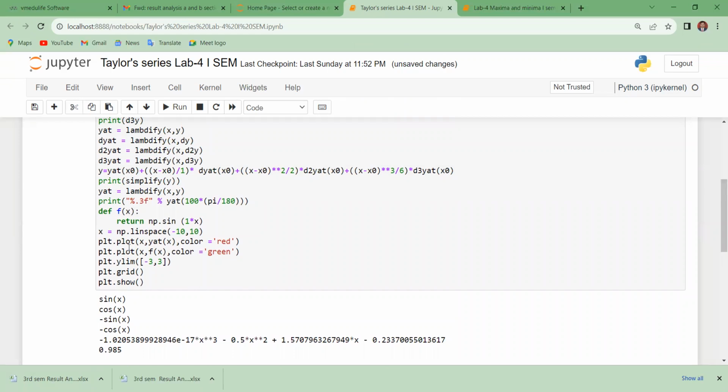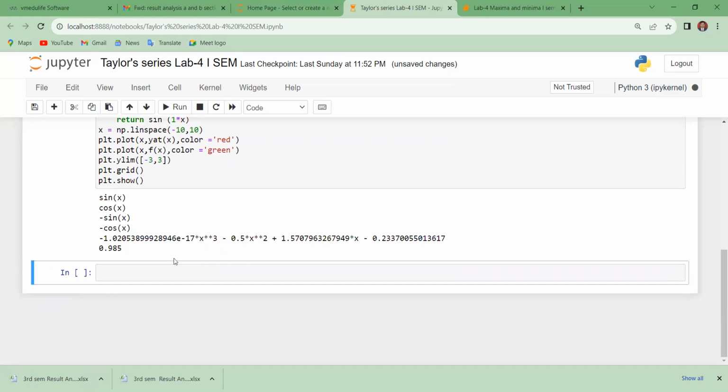Okay, so we can plot this. Define f of x that returns sine x, np dot sin x. Why are we introducing np here? If we just write return sine x, it takes a string value. So I will remove it and run, so you can understand. Now I just run.